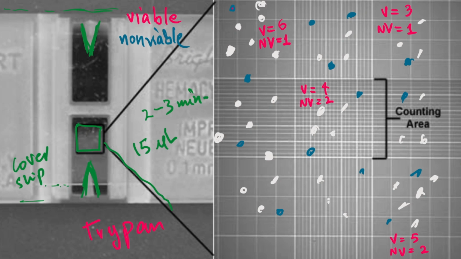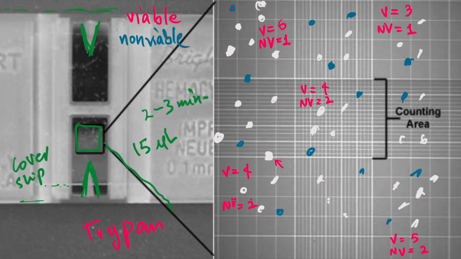For the bottom left, we have 1, 2, 3, 4 viable and 1 non-viable. Interestingly, if you note, this has been counted in because it's hitting the top boundary of the grid in question, the grid we are counting in. So that is why it has been counted. So we have a total count right here.